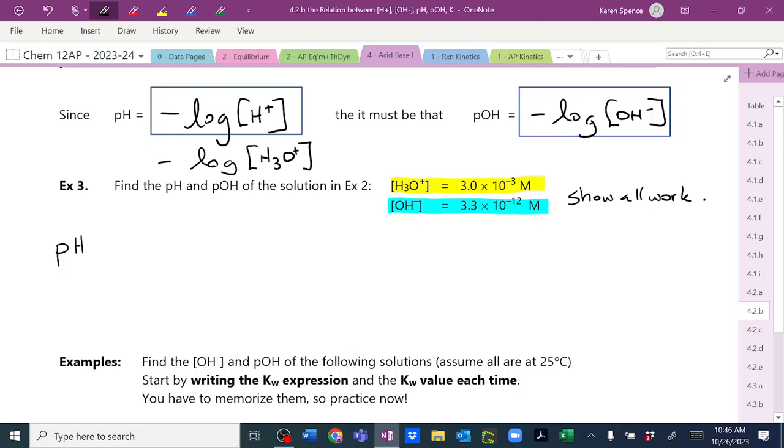But if we look here, you can see it's close to 3, but it's not actually 3. If we really did the calculation, it would be 2.52.